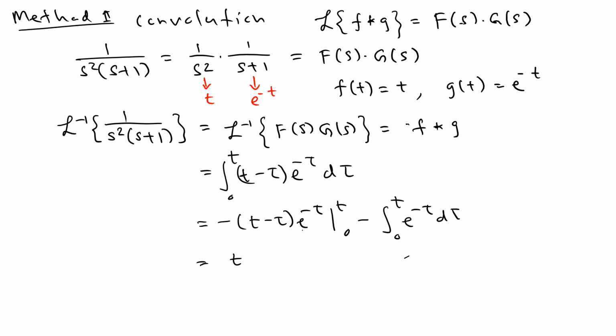And for the other one, you're going to get e to the negative tau from 0 to t. And if you put the answers together, you're going to get t plus e to the minus t minus 1.